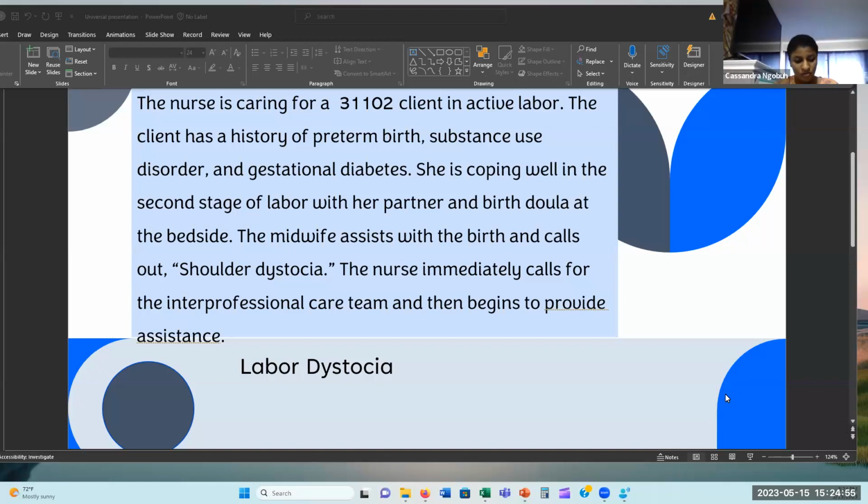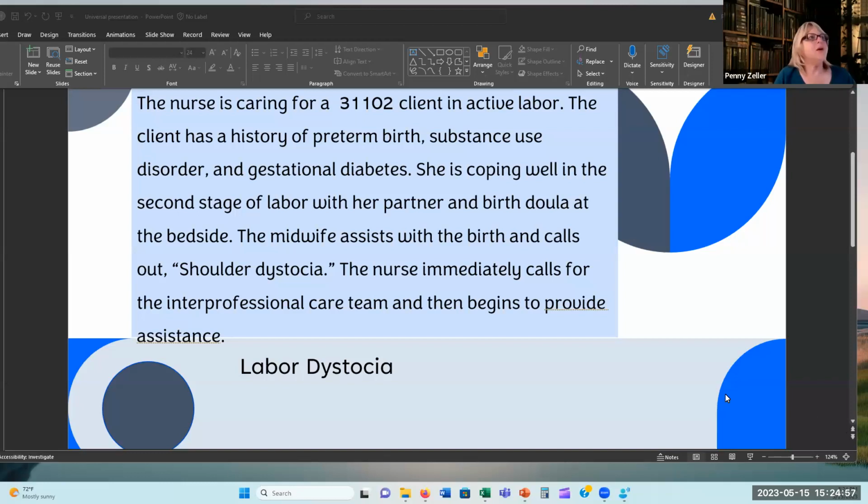All righty. So we have a nurse caring for a 31102. So what's her gravida parida? Is she multi-gravida? Multi-para? Prima gravida? What is she?